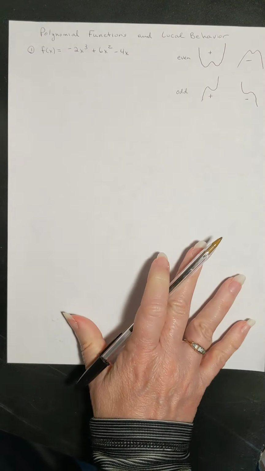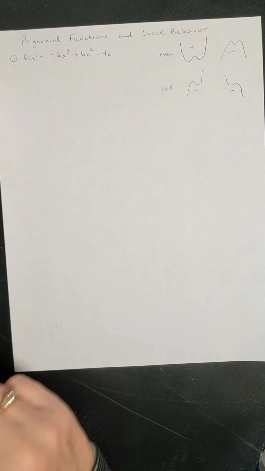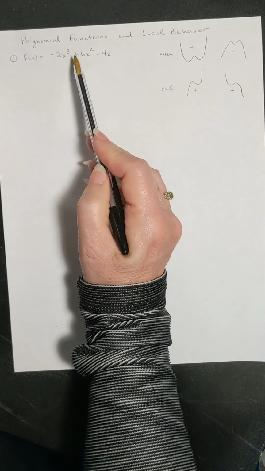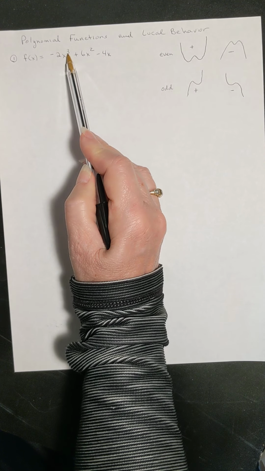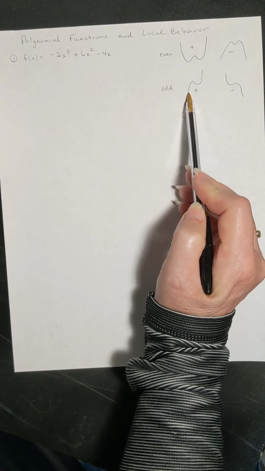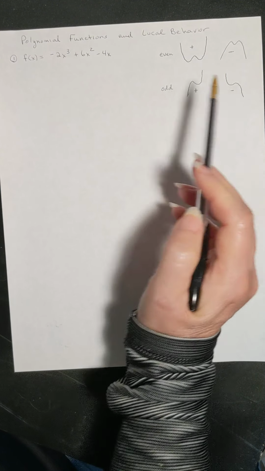So now I'm going to look at this function. The first thing I want to do is figure out what it's going to look like. Is it going to be a W, or is it going to be a snake? Is it going to be a parabola or a snake? Well, what's my highest exponent? It's x cubed. Since I have x cubed here, I know that it's going to be a snake. Now, will it be an increasing snake or a decreasing snake?